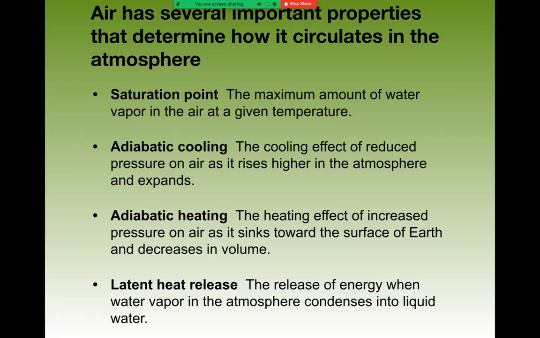As you move an air mass higher in the atmosphere, the cooling effect is important, because what that's going to do is lead to condensation. If you take a volume of air that has water vapor, if you want to turn that vapor into a liquid, you just cool the volume of air.